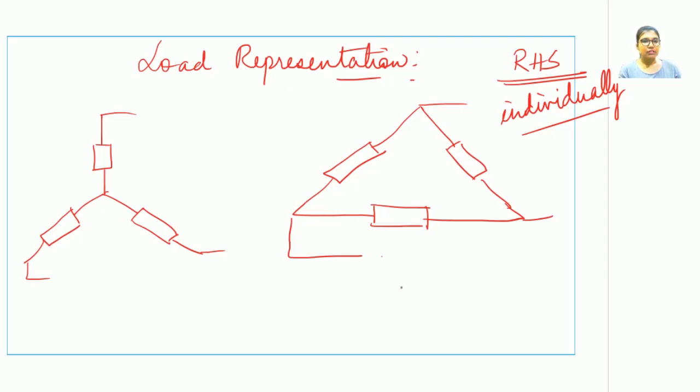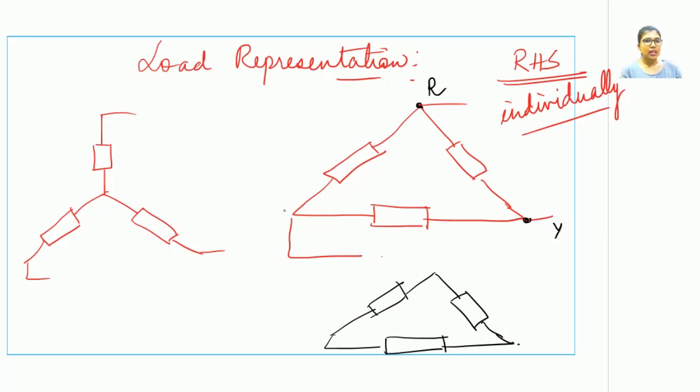Now let me take this delta connection as a reference. Now this is R, this is Y and this is B. Now this is our basic notation that we have been following, because we are always going to use the positive sequence, the positive phase sequence R, Y, B. So this is R, Y and B. Now if you take out your terminals along the left hand side, it often happens that students make a mistake.